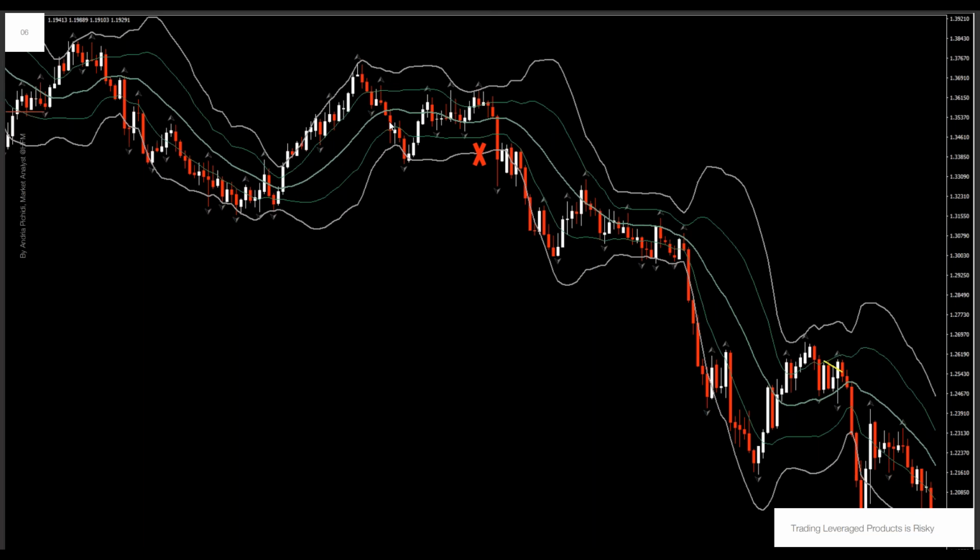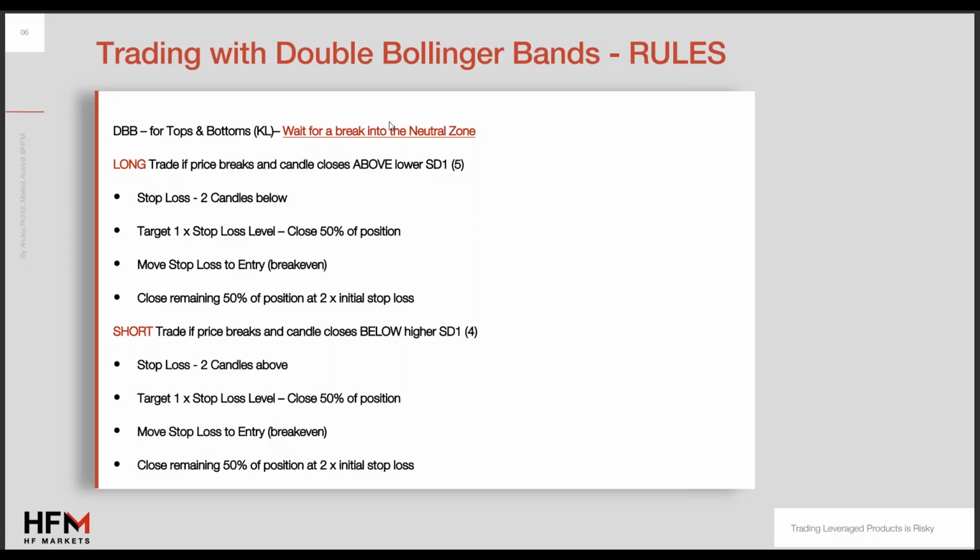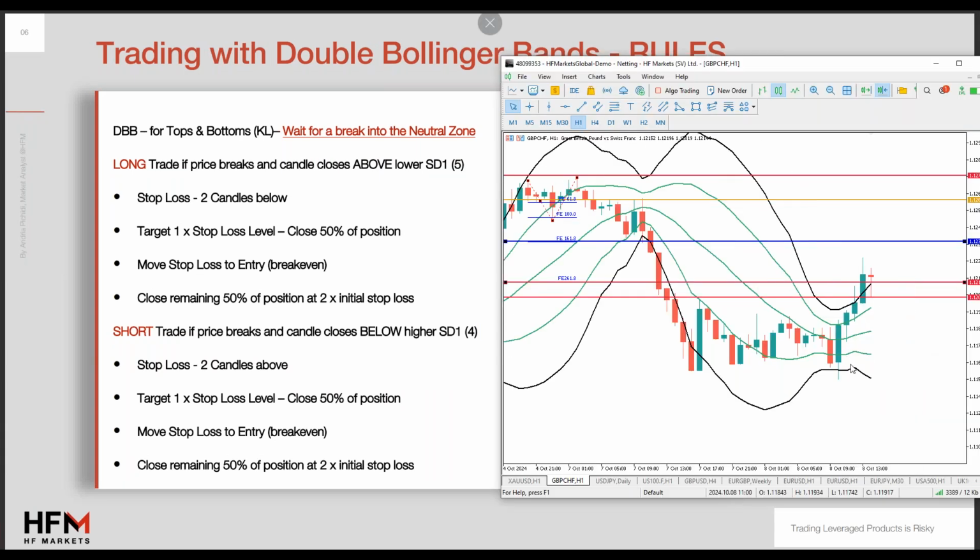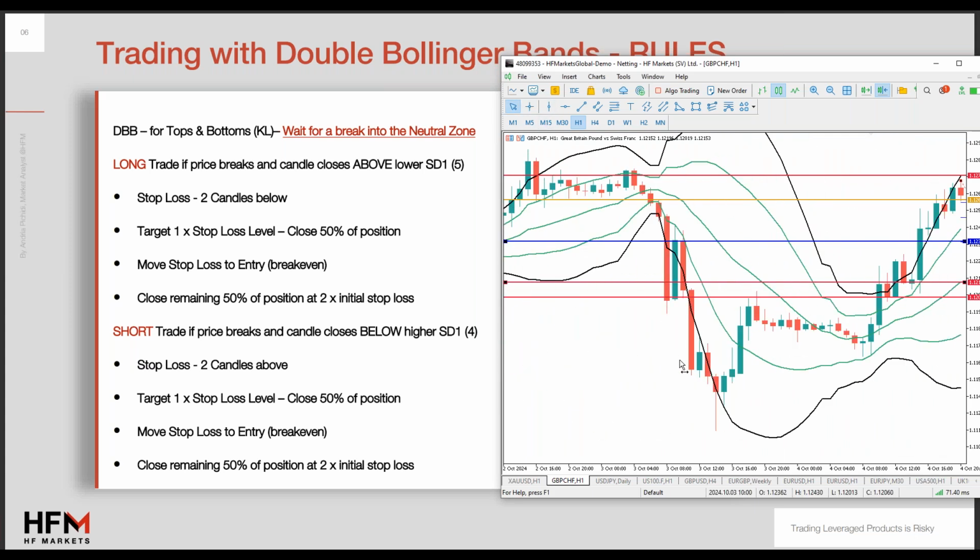Or, by the way, something that I forgot to mention, you can use the Bollingers as your potential targets. So, for example, sorry, my bad. Or the previous highs and previous lows as your possible target levels. Or, for example, right now, if we see a reversal, let me take an example.